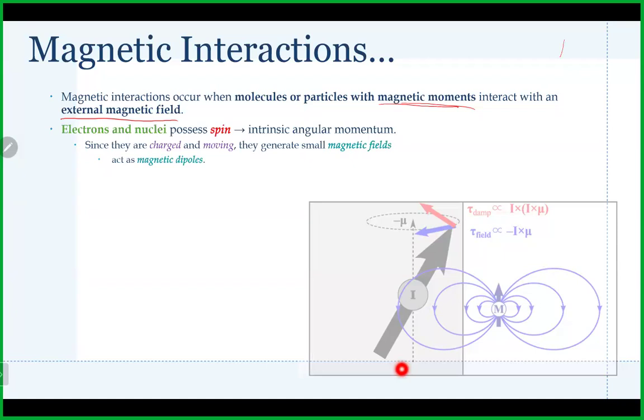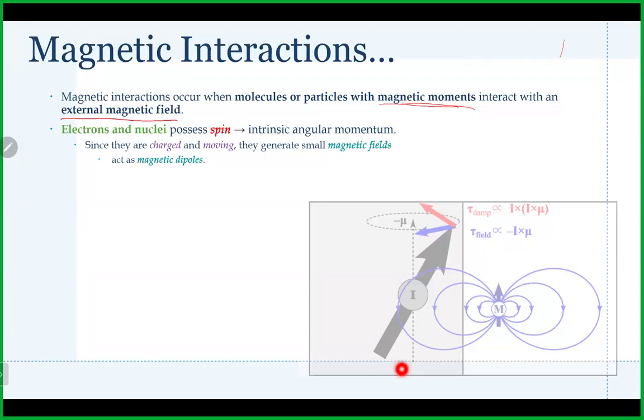So we're just going to tell you that it is an intrinsic motion within the molecule, and it results in generating magnetic moments. Why does it result in that? Magnetic moments are created by moving charged particles.